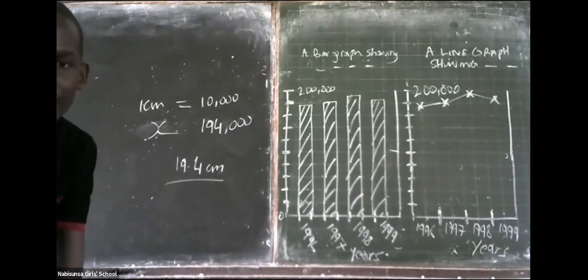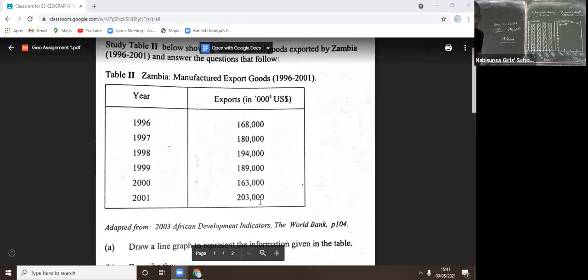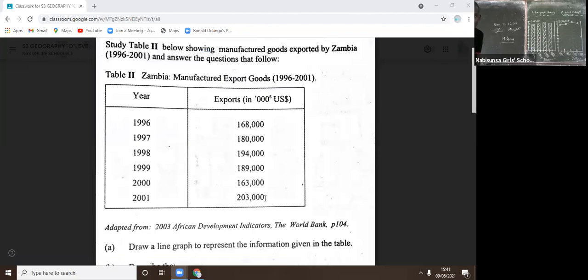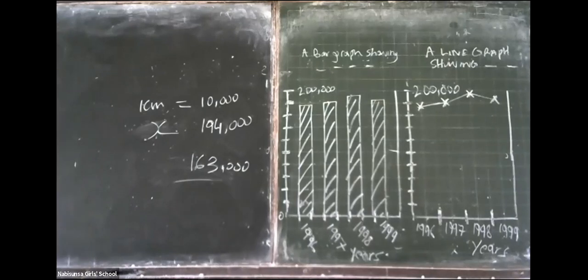Yes, teacher. Okay, now let us try this one also. Assuming we are having the last one, which is having 163. We use the same method. What answer are we getting? How many centimeters for that item?